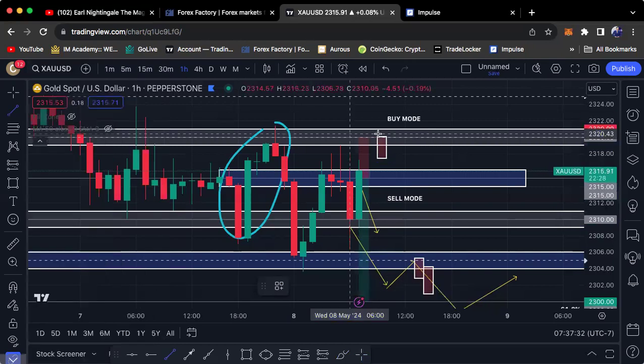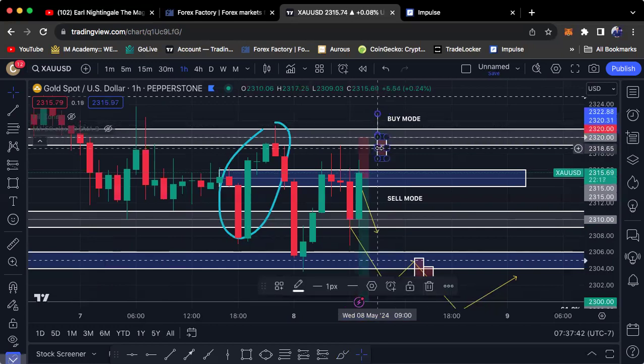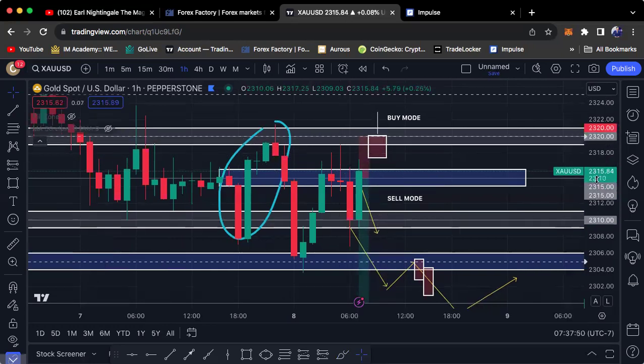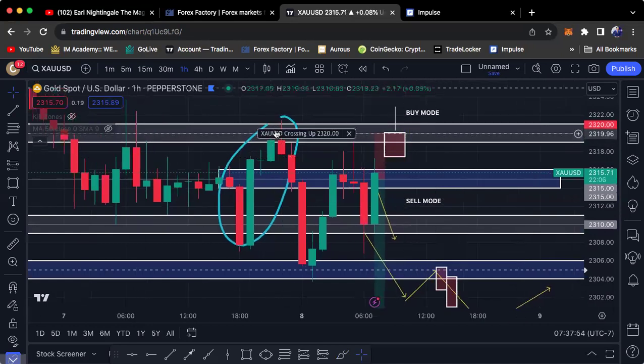Trend line. And does something like this. It wicks, and it does something like this. Then I'm going to enter for that sell. If it does something like this, just like I did here, if it does this again, then I'm going to take that sell.